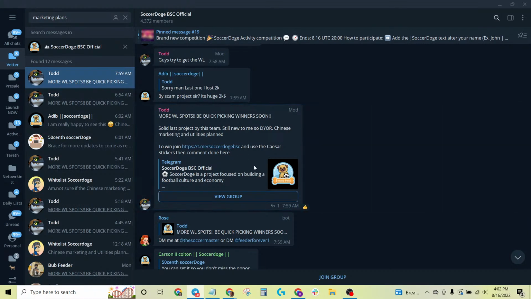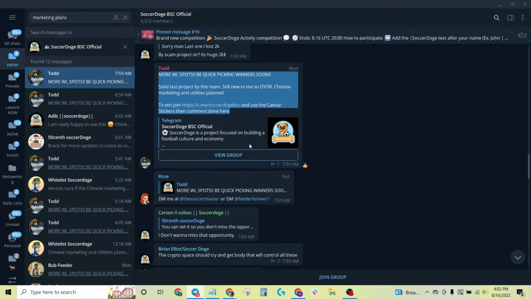Oh, so it looks like Chinese marketing and utilities planned. Looks like they were giving away whitelist for dropping stickers in different groups. We've been seeing some of that in our group lately. Lots of stickers coming through with different groups in there. Pretty cool to see everybody's community and vibe.